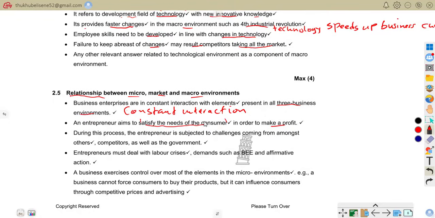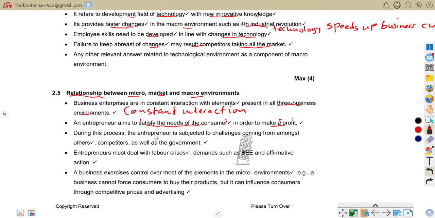Only when you meet the needs of the customers can you make a profit. So producing affordable products is what can help you to make a profit.